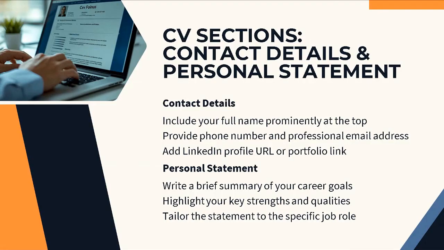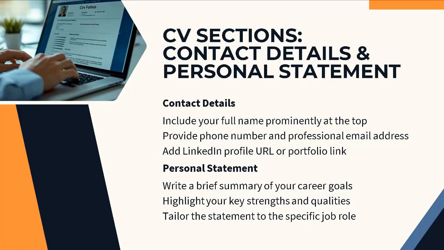The first section of a CV usually includes contact details and a personal statement. Contact details should be clear and professional, including full name, phone number, email address, and possibly a LinkedIn profile or a portfolio link.